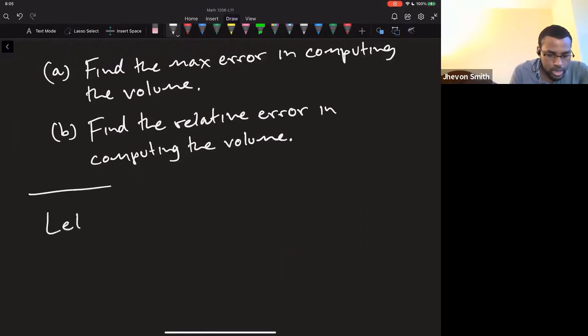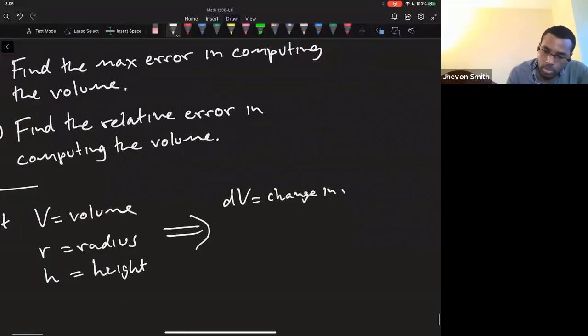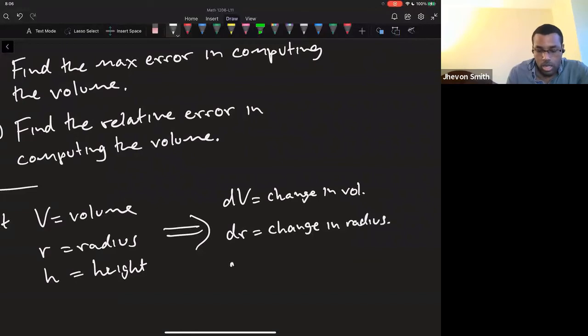So here, we can let v equals volume, r equals radius, h equals height, and all of those imply that dv is a change in volume. dr is a change in radius. dh is the change in height.